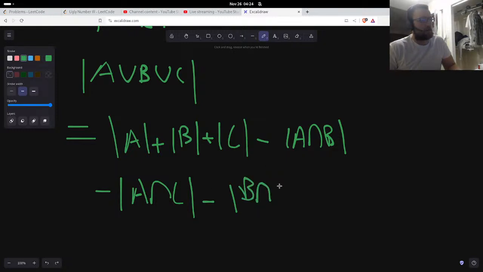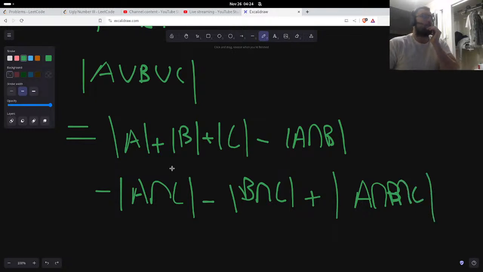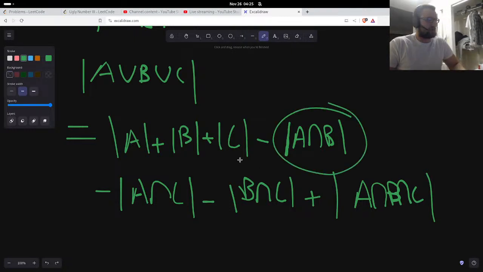And then finally add the intersection of A, B, and C. And I don't know, I'm not sure exactly how to calculate these.